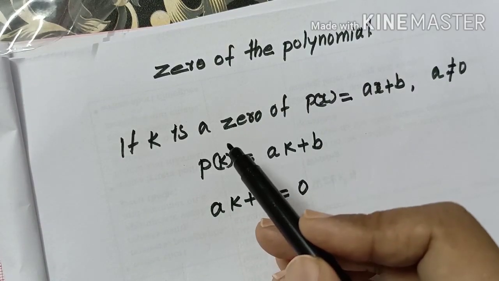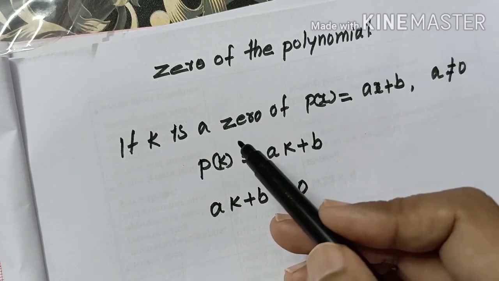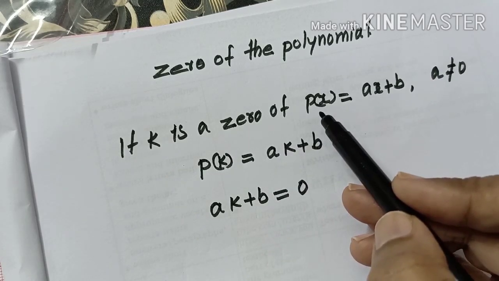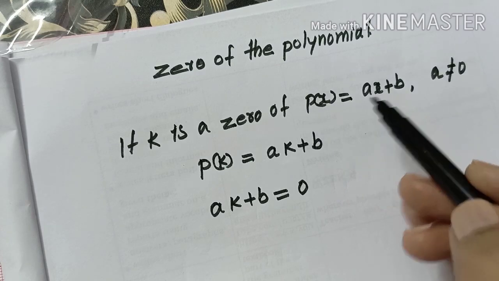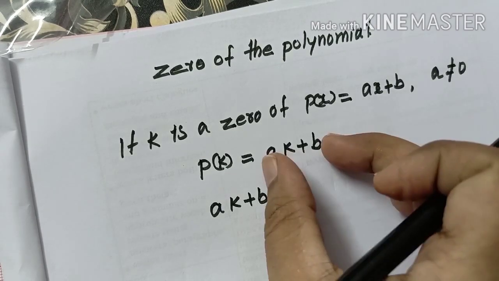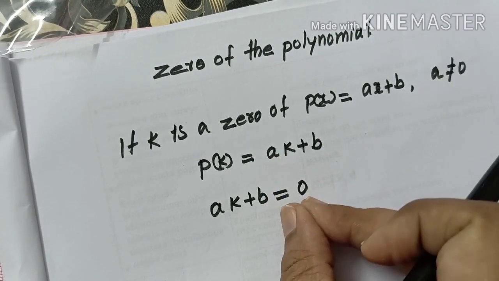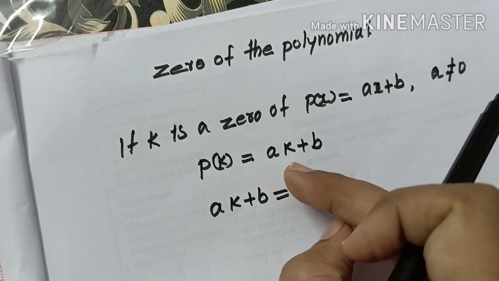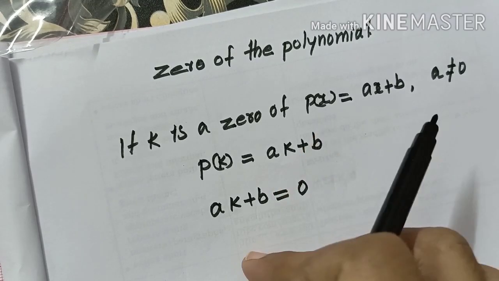When we apply a particular value for the variable and the value becomes 0, then the value which we apply is known as the 0 of the polynomial.